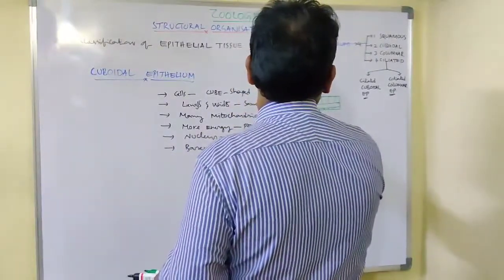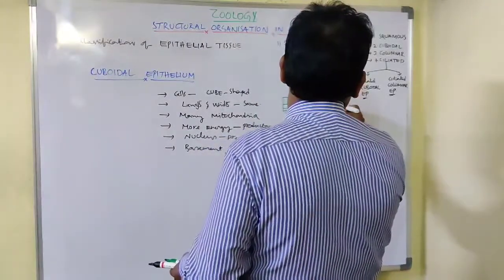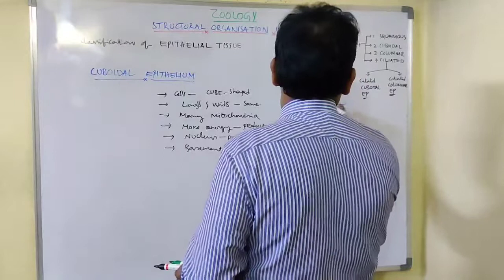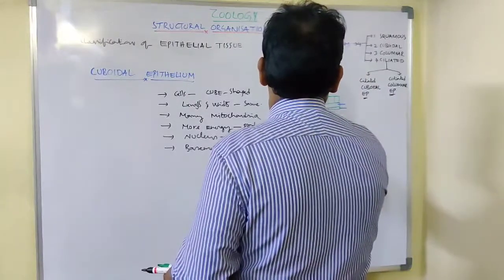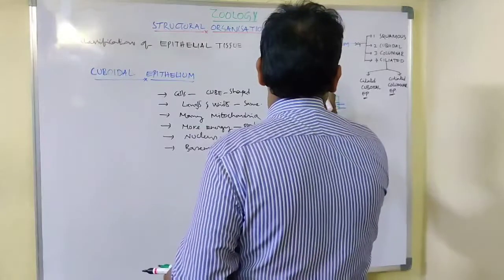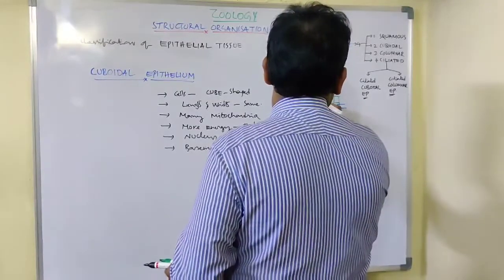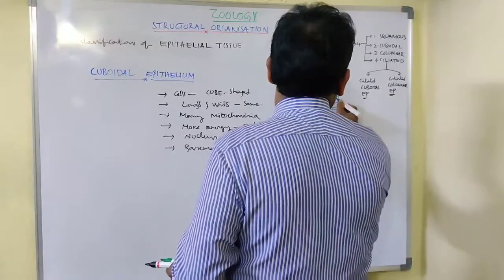This is connective tissue, lying on this. This is the fibrous lamina. These are cuboidal cells, cube-shaped cells.